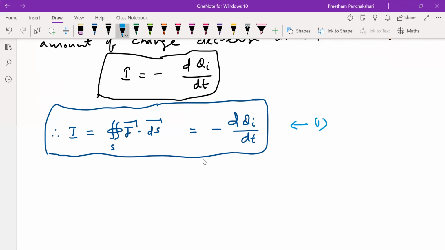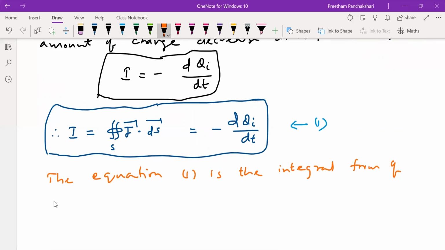This forms the integral form of the continuity equation of current.